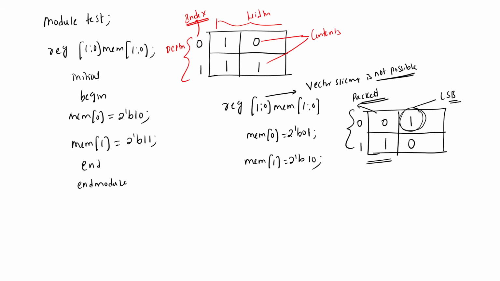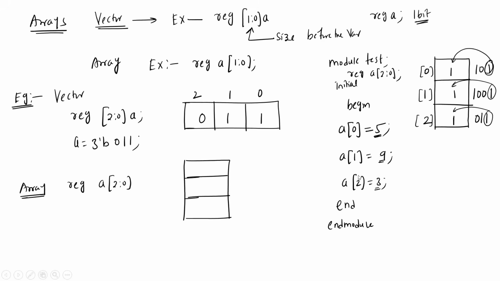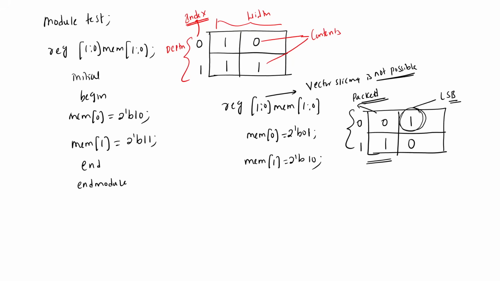Sir, I will show you the code. Sir, one of our fellows was suggesting a syntax like variable name, then in the square bracket a number, then again in the second square bracket a number, to access that LSB bit.